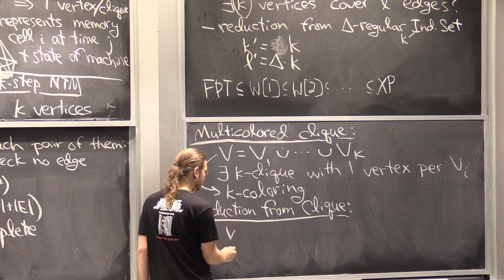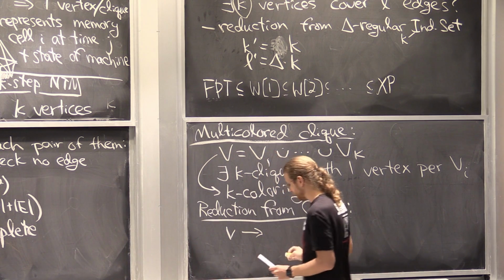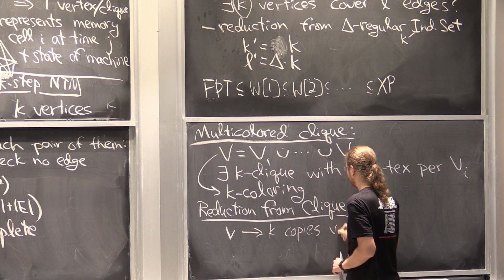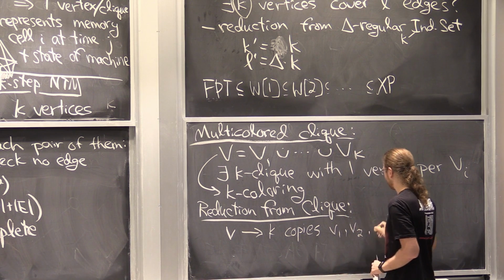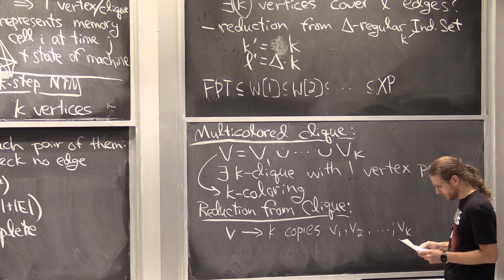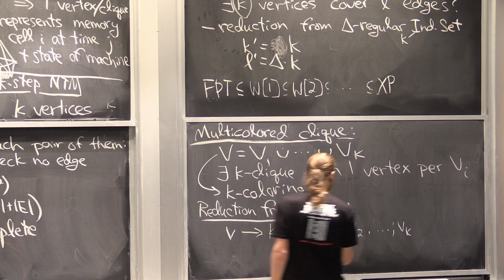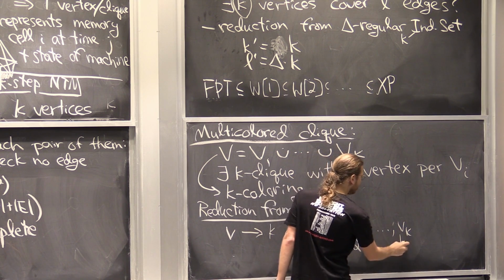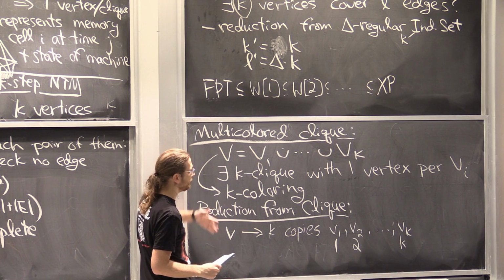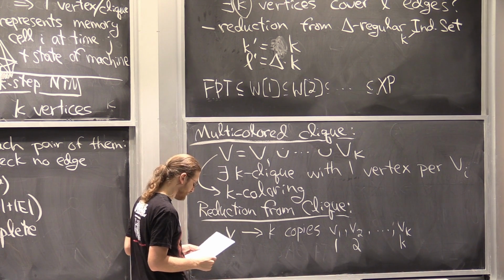Namely, if we have a vertex V, we're going to make k copies of it. You'll see this is a common trick. And we will color them 1, 2, up to k. So now we have n vertices in each color class.